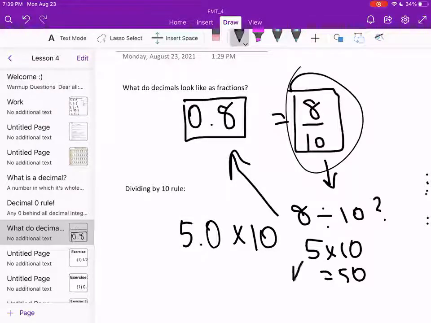This can also be written as 5.0. The decimal just moves when you multiply by 10. Every time you multiply by 10, the decimal moves one place value to the right. So then it'll look like this.